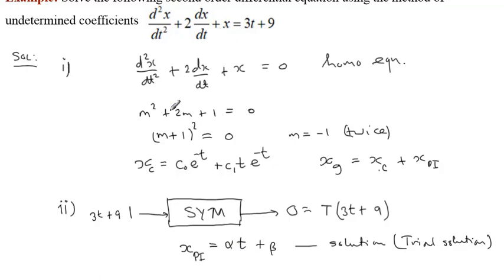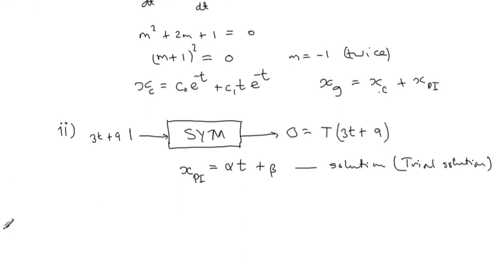So now our next step is to plug this solution in the differential equation. Let's make that step number 3 here: substituting in the equation. When I'm saying equation, I simply mean the differential equation given.